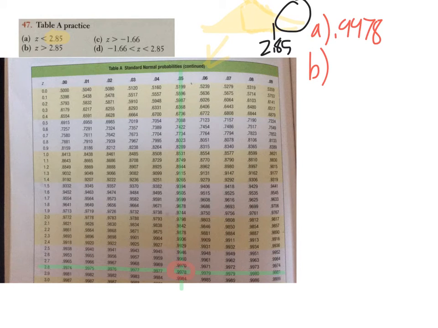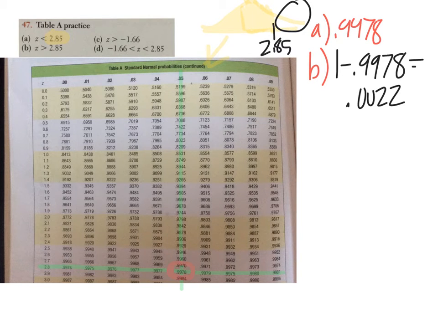If I want the area to the right, then I need to do 1 minus 0.9978. That will give me the answer for part B, because it wanted to know what was greater. That is 0.0022.